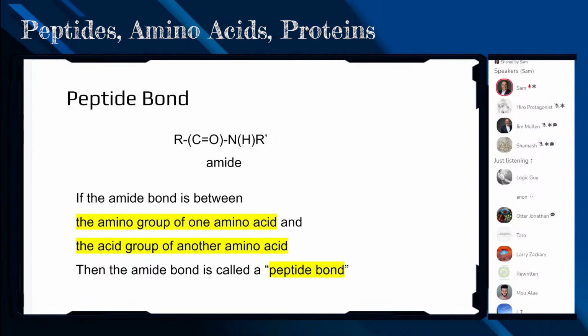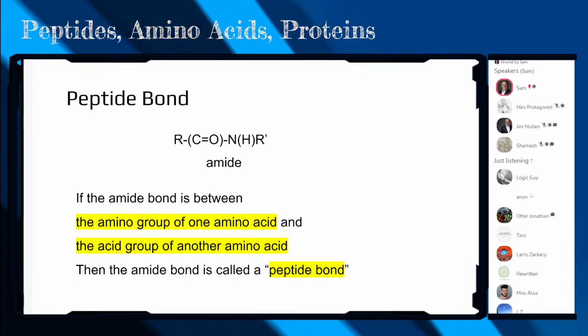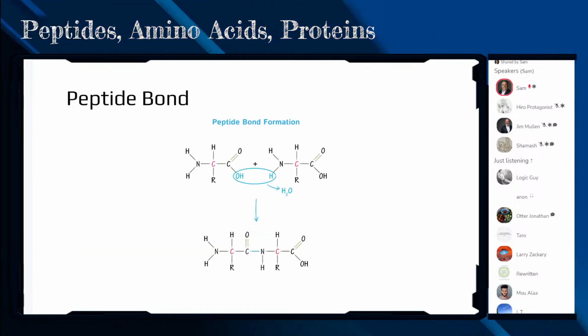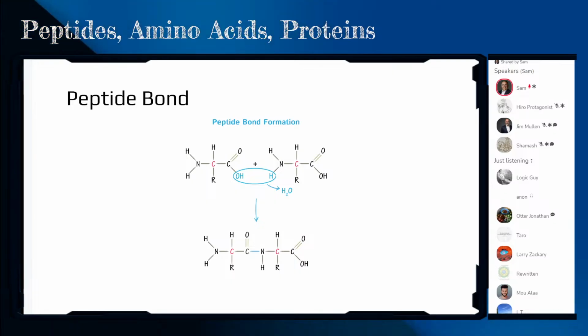So a peptide bond is a special case of an amide bond where the bond is between two amino acids. This is where we get the word peptide from. And so on slide 16, I have shown in more schematic detail how a peptide bond forms.